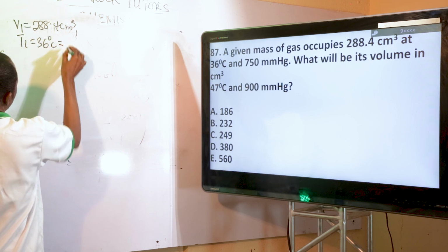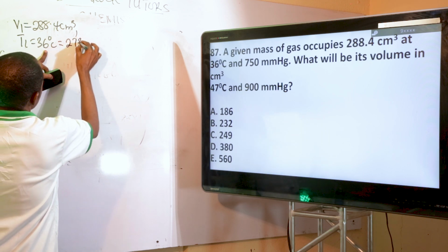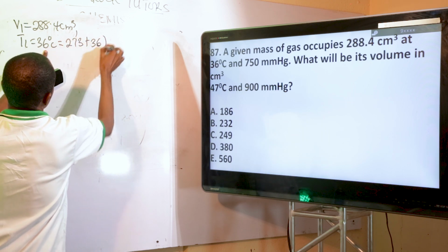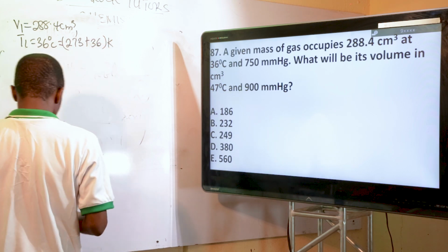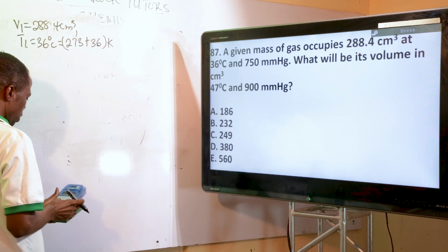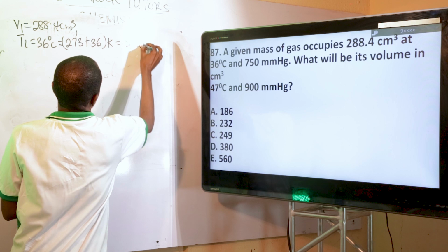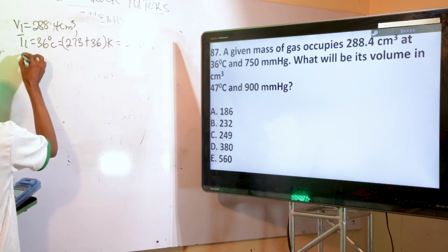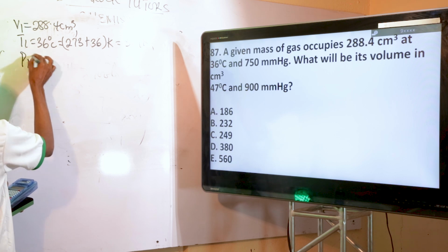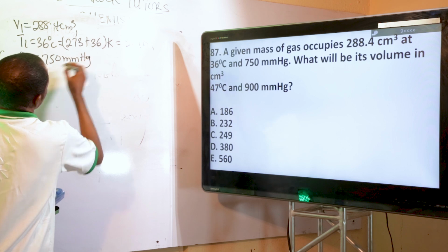But remember, we have to convert this to the absolute value by adding 273 to it. 36 plus 273 will give us 309. That's 309 Kelvin. And at a pressure of 750 millimeters of mercury, that's P1 is 750 millimeters of mercury.